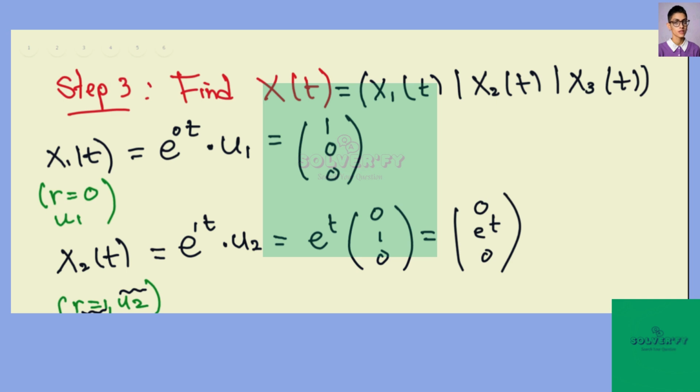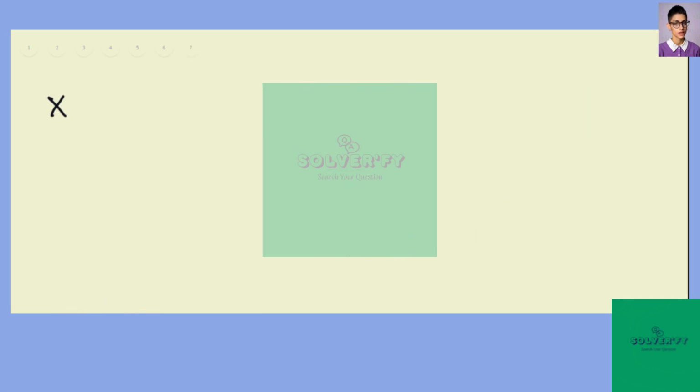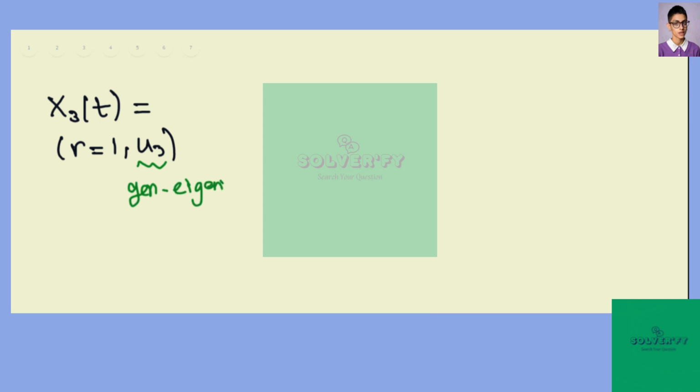The next one is the third column x3(t), which comes from the eigenvalue r equal to 1 and the eigenvector u3. This is a generalized eigenvector, not a regular one, so for this one we need to consider something special. This will be e to the power 1t times u3 plus t times e to the power 1t times (A minus identity) u3.